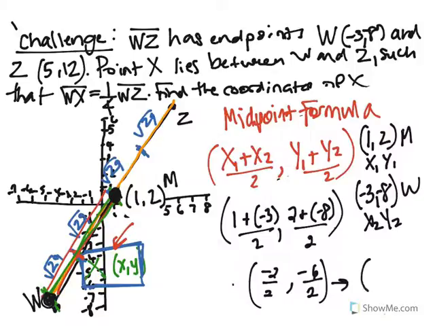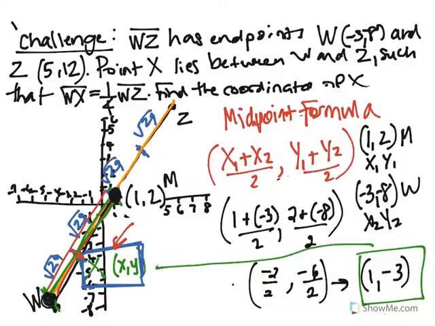This reduces to (-1, -3). So now we know that coordinate X equals (-1, -3). See, because it was a negative divided by a positive, so it's -1, -3. And we have our answer.